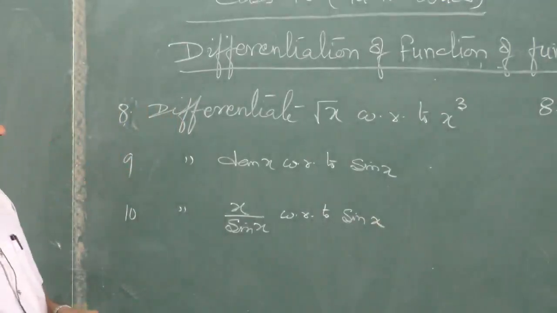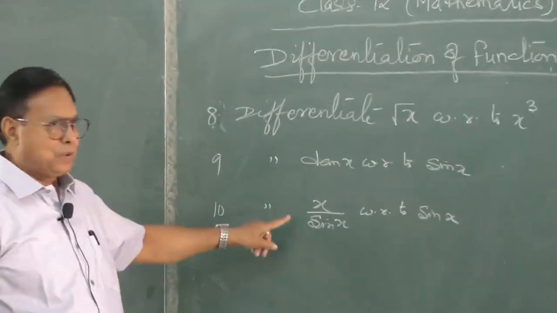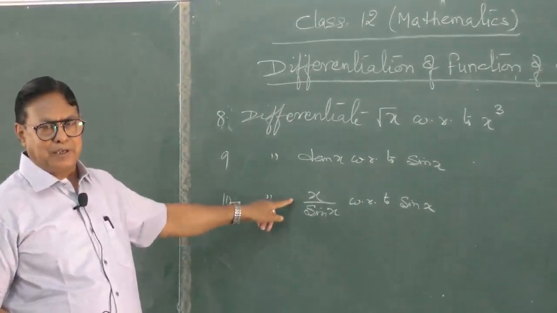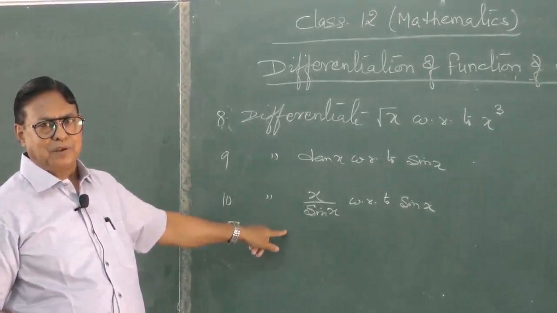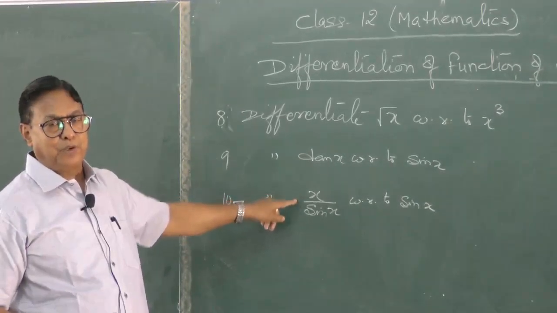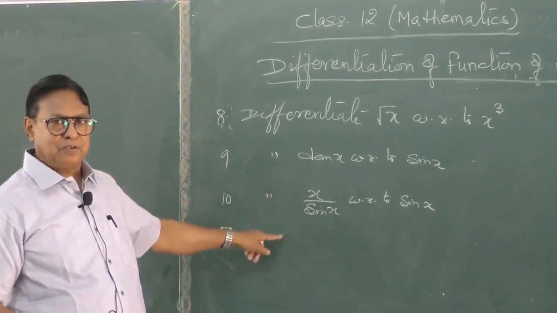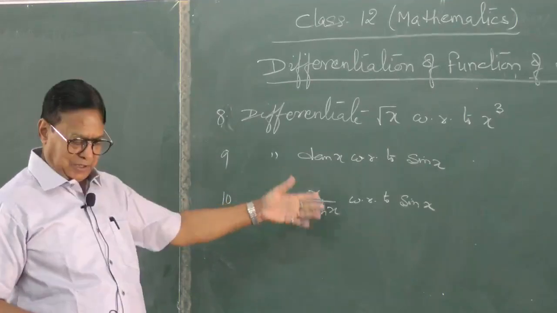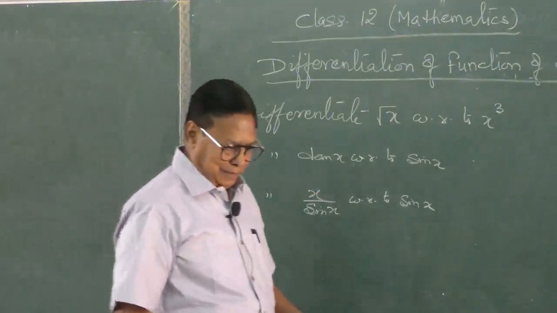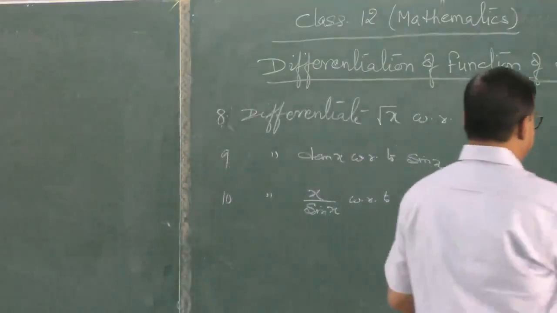So these are the three same type. Look at the last one. When you take this as u, u is of the form u by v, numerator denominator. So you have to apply that formula. The rest is okay. Come to this.